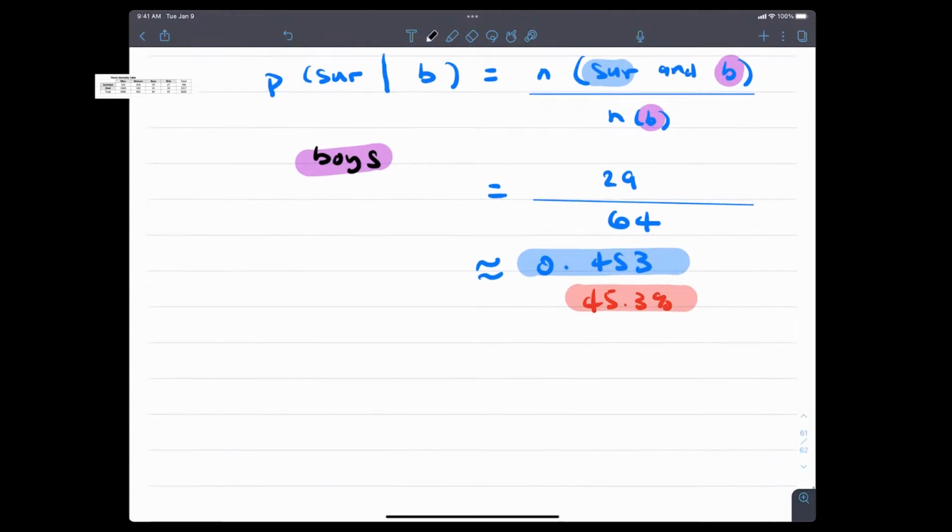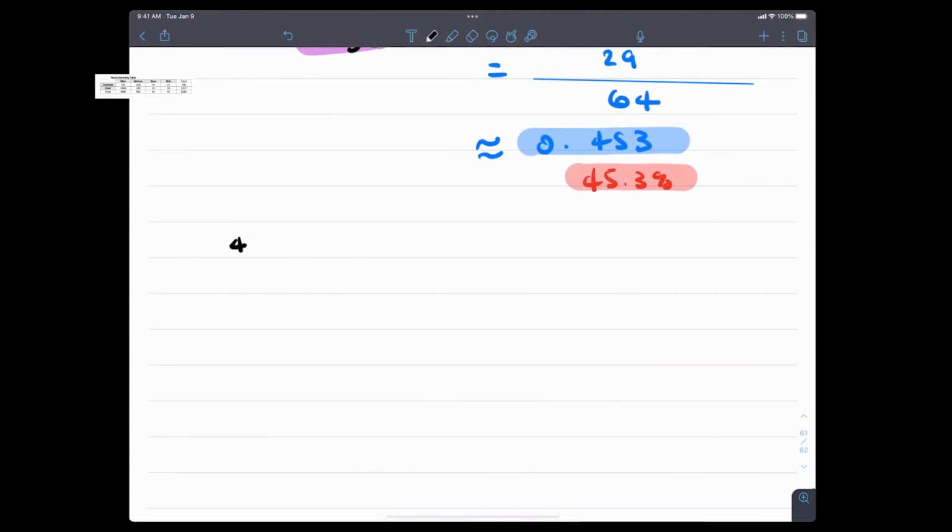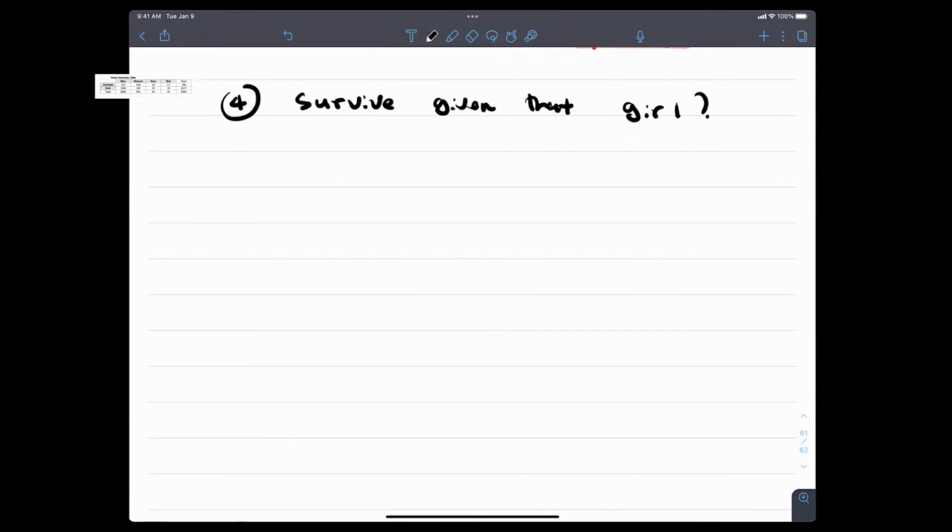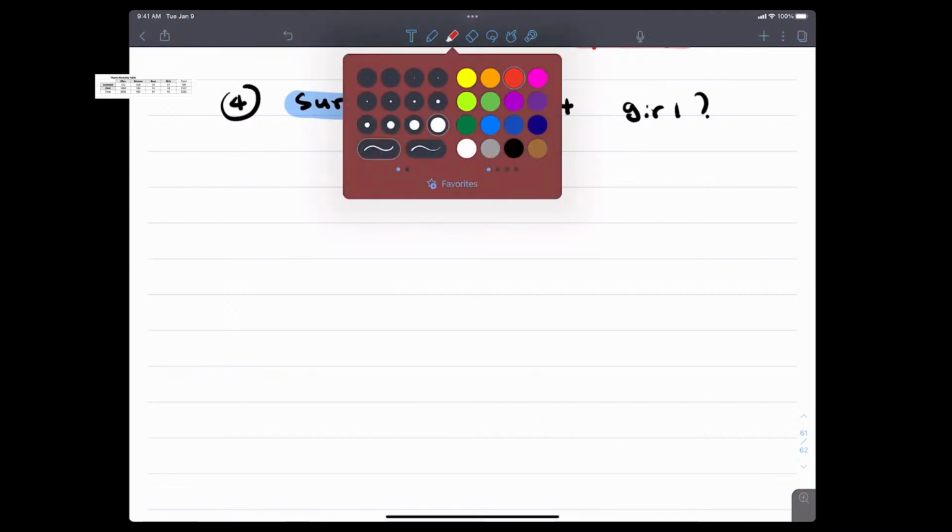Is that a good comparison, right? Let's compare that to the probability you survive given that you are a girl now. Let's find that probability. Survived, given that you are who?